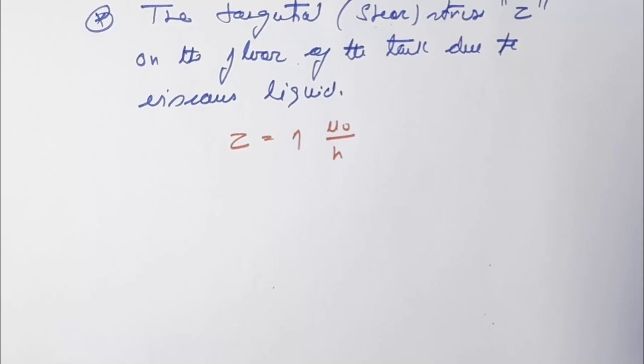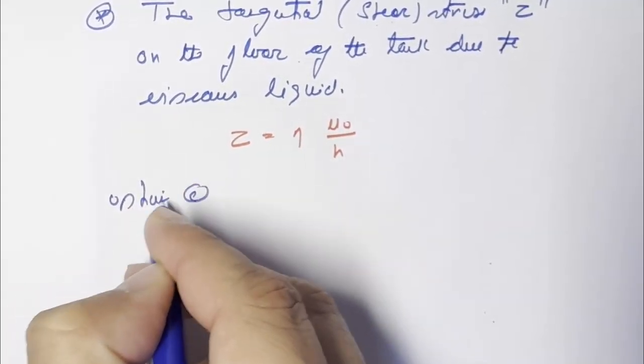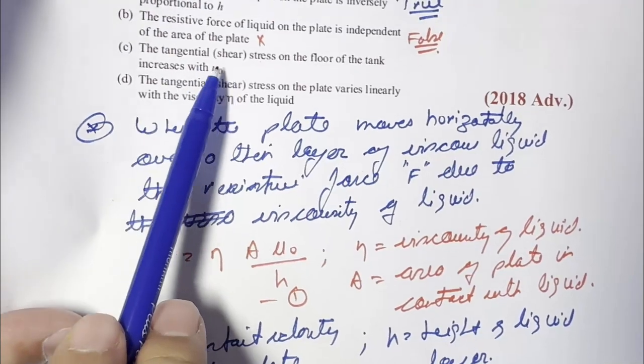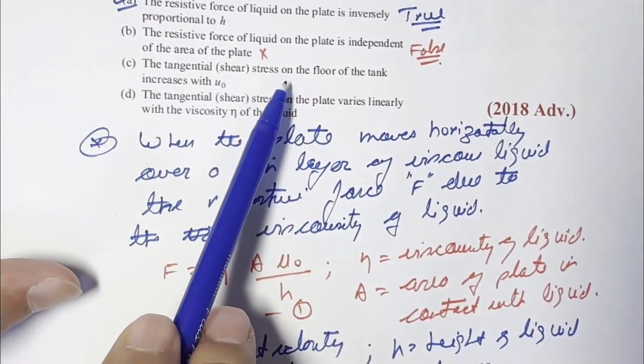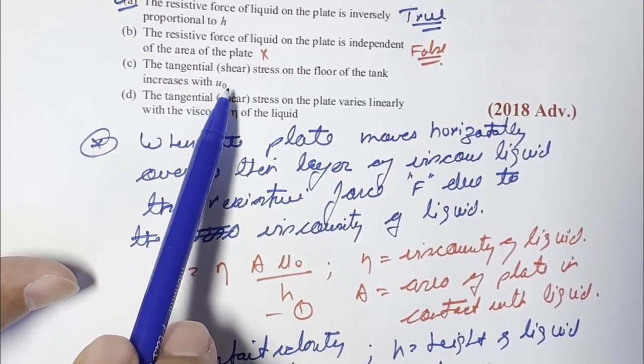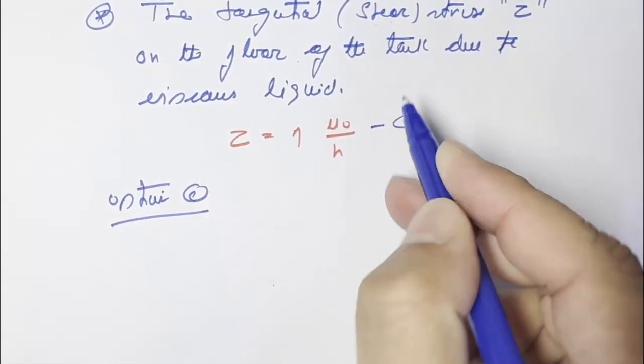So let us check option C. Option C states that the shear stress on the floor of the tank increases with u0. Let us call this equation number 2.